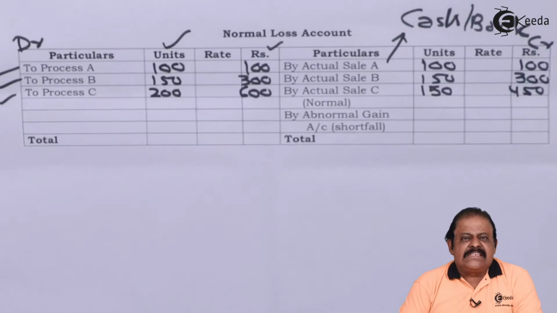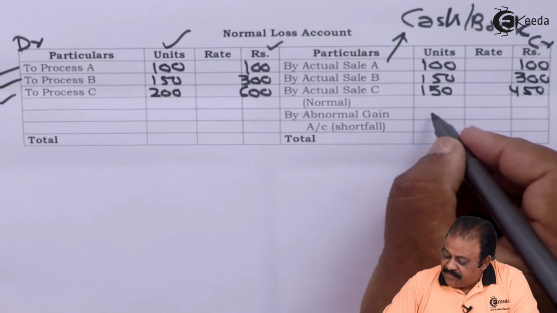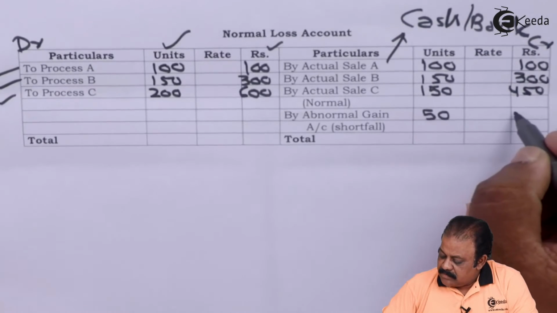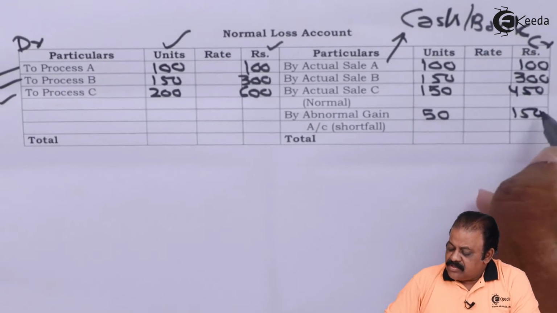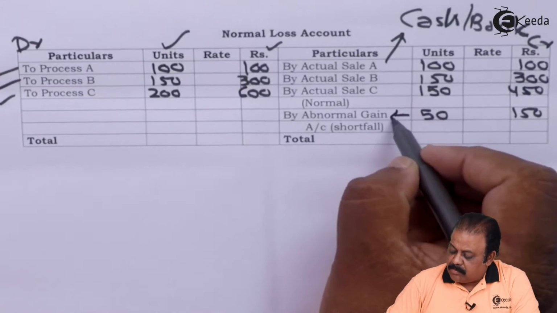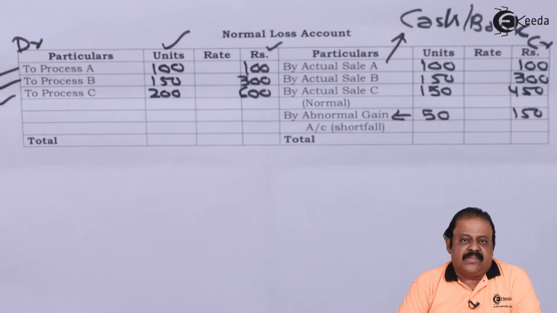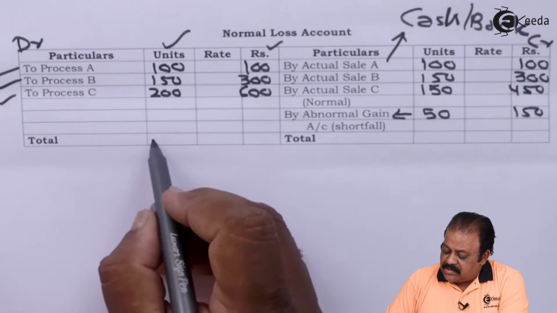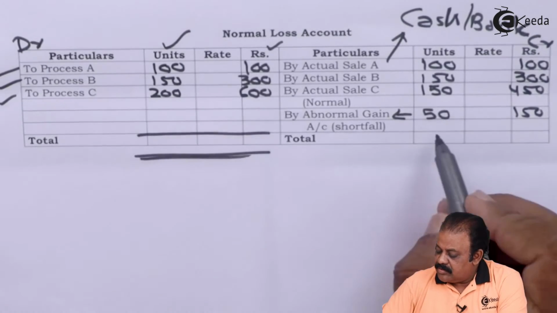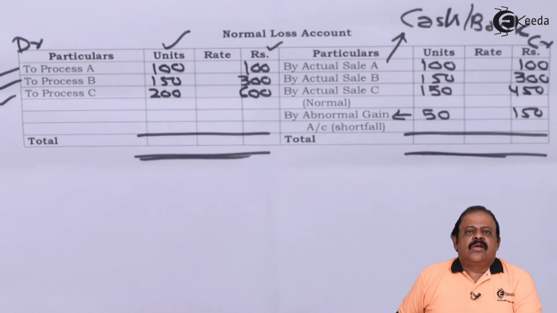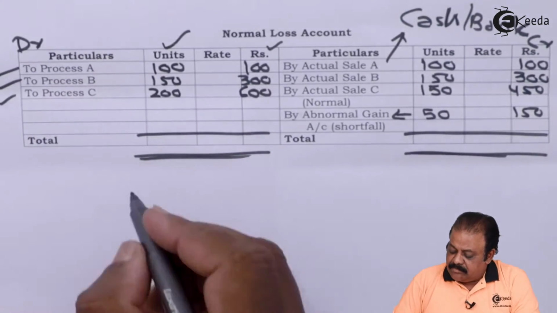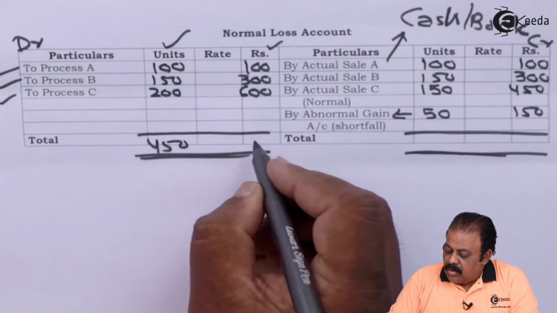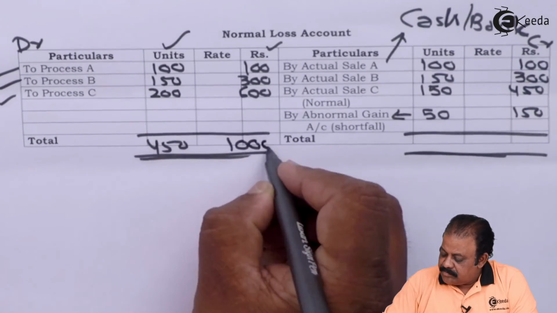What we couldn't receive, that is the value of 50 units, 150 rupees, will be transferred to the abnormal gain account. Whatever shortfall is there will be transferred to the abnormal gain account, and now we can close the normal loss account. On closing the normal loss account, the units will tally and the amount column will tally.